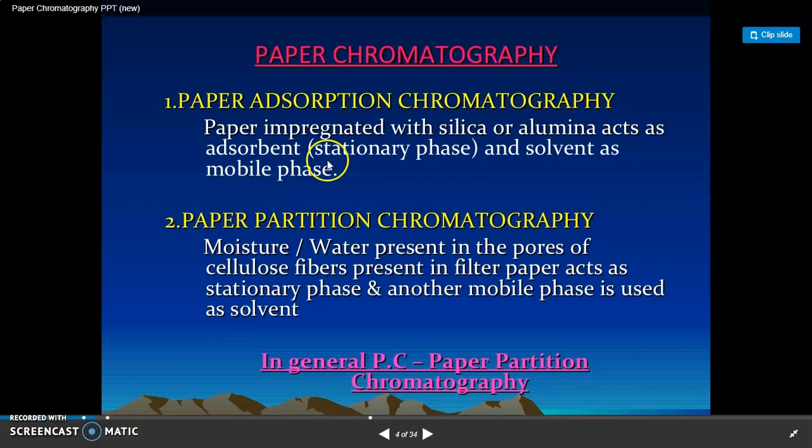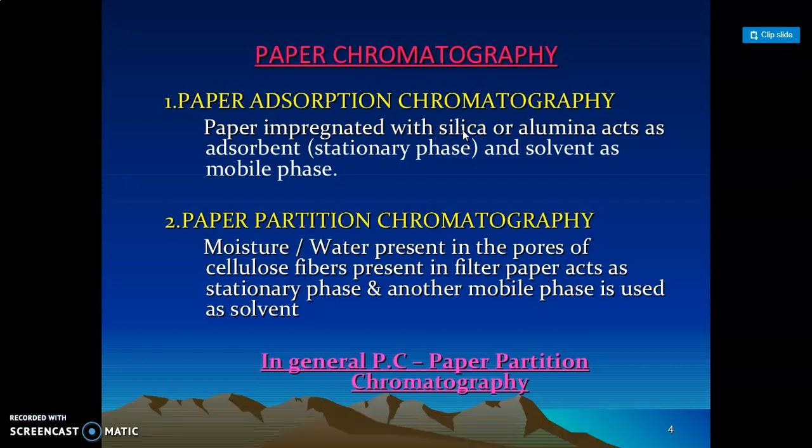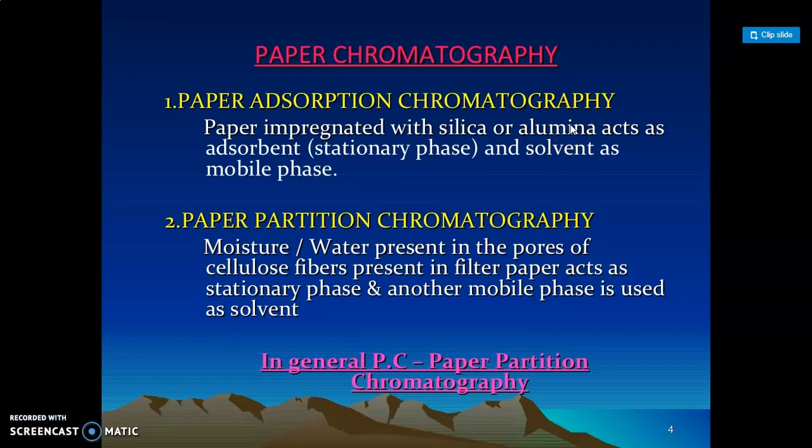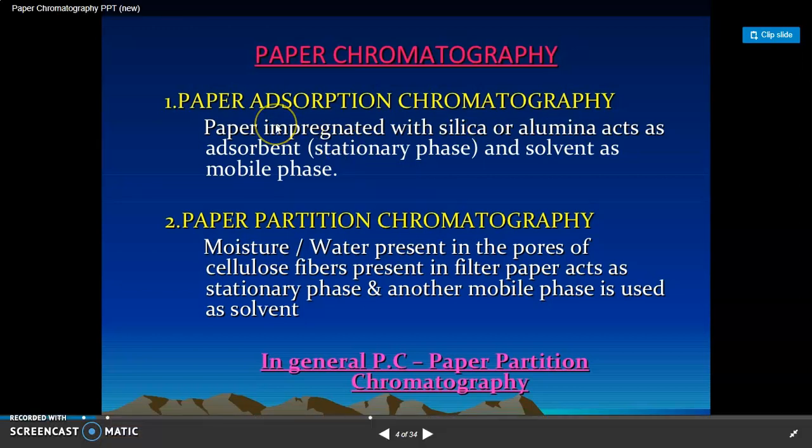In this, the paper is already loaded with a stationary phase substance like silica or alumina. We have already discussed the structure of silica and alumina in the earlier classes. Silica and alumina are very polar in nature and they can be coated on an aluminum plate or on glass, and if they are coated on paper, then they can be used in paper adsorption chromatography.